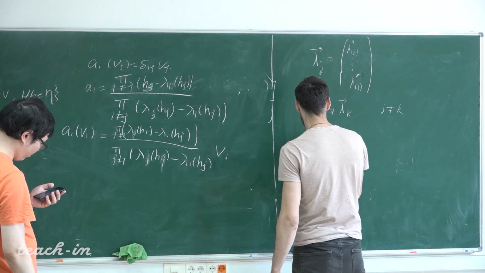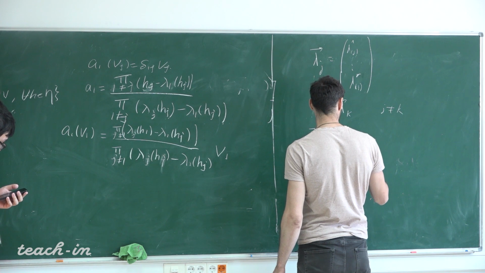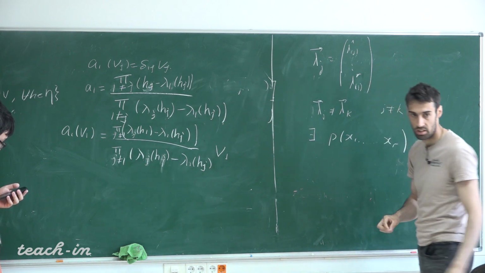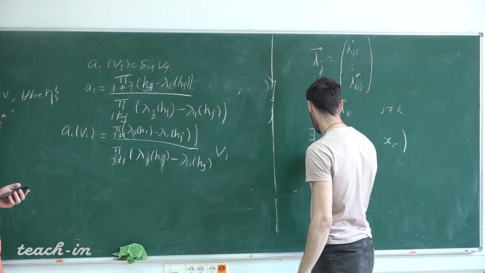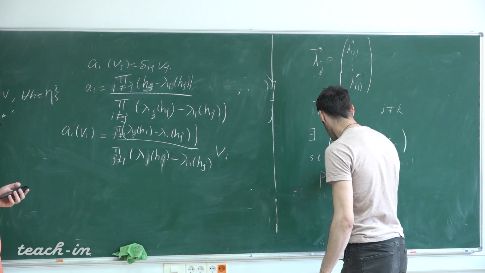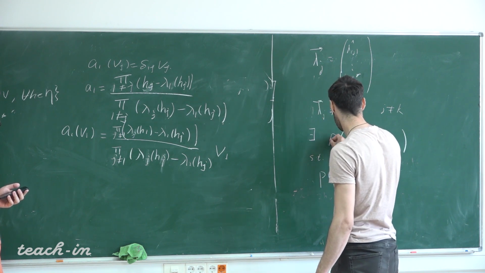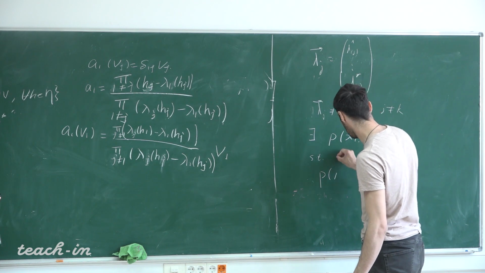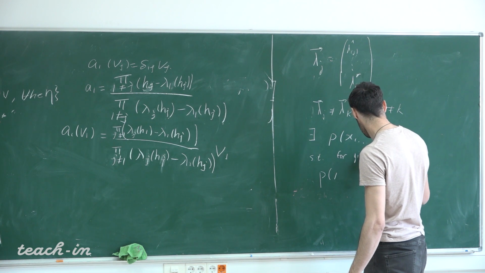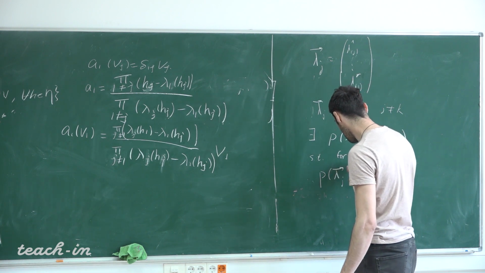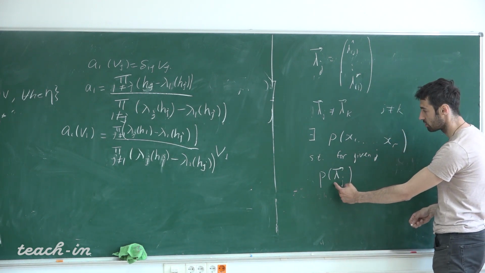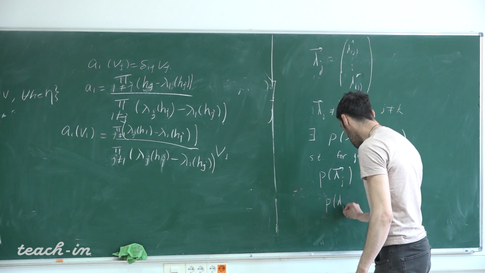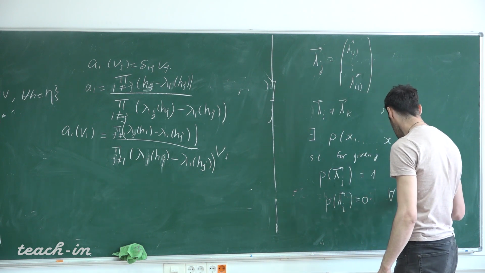Does there exist a polynomial p in variables x1 up to xr such that, for a given j, p of lambda j, of this vector, is 1, and p of lambda i is 0 for every i not equal to j?